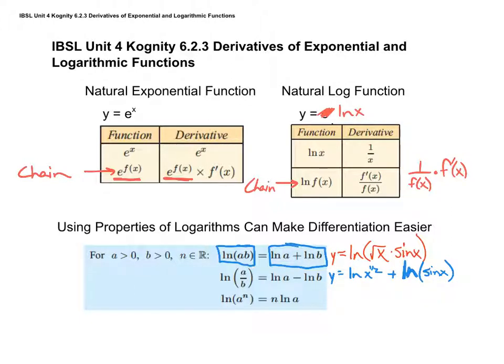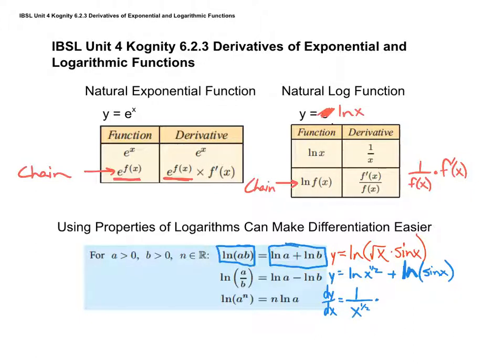Now I can do the derivative of the sum. So now I know how to do dy/dx. I'm going to first of all take the derivative of ln of x to the 1/2. The derivative of a natural log is 1 over the x to the 1/2.